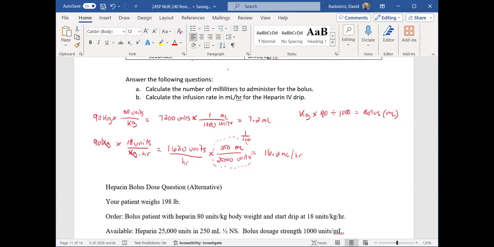And then the shortcut way for the infusion rate would be kilograms times 18 divided by 100 would give you the infusion rate of milliliters per hour.